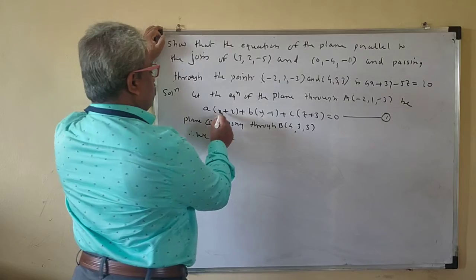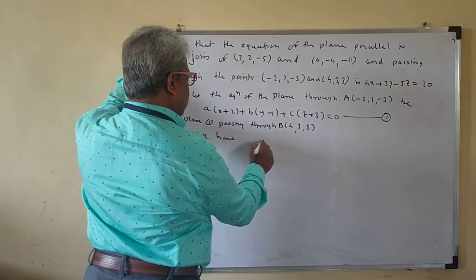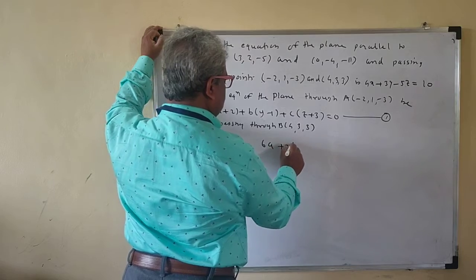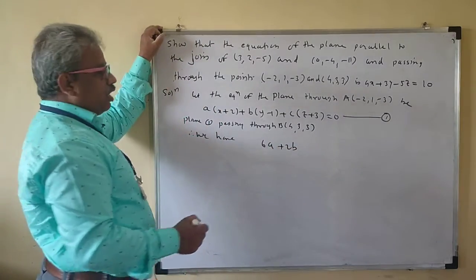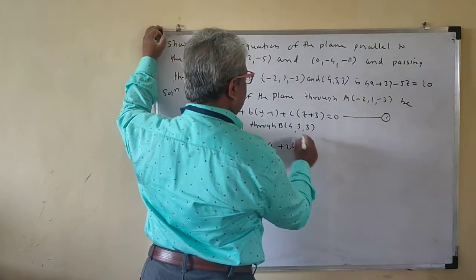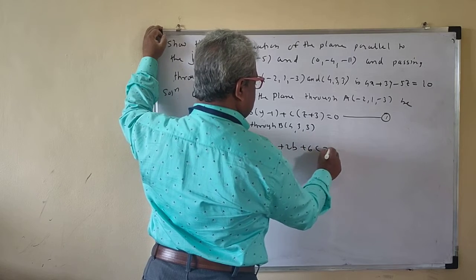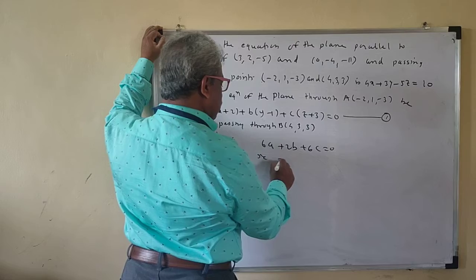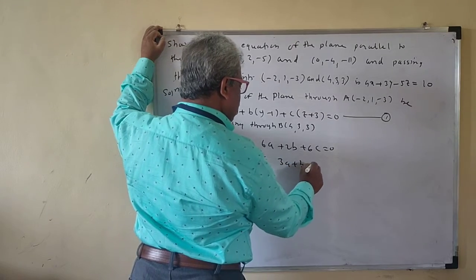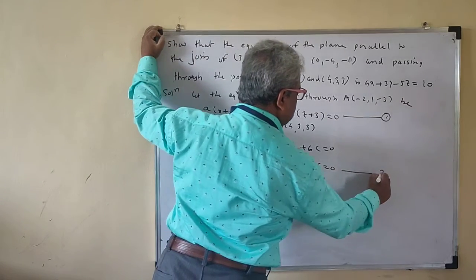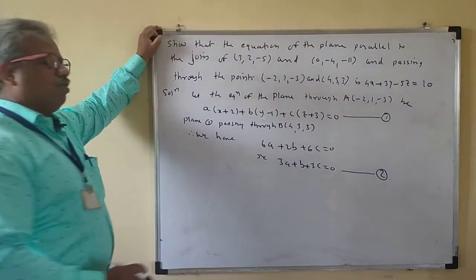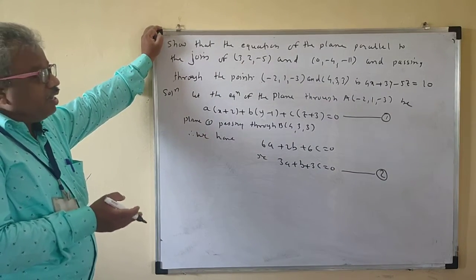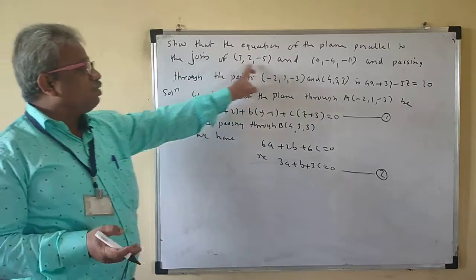So I directly put this in: 4 plus 2 is 6a, 3 minus 1 is 2, so twice b, 3 plus 3 is 6, so 6c is equal to 0. Simplifying, 3a plus b plus 3c is equal to 0. I call this equation 2. You got one relation in terms of a, b, c. You want to find other relations.